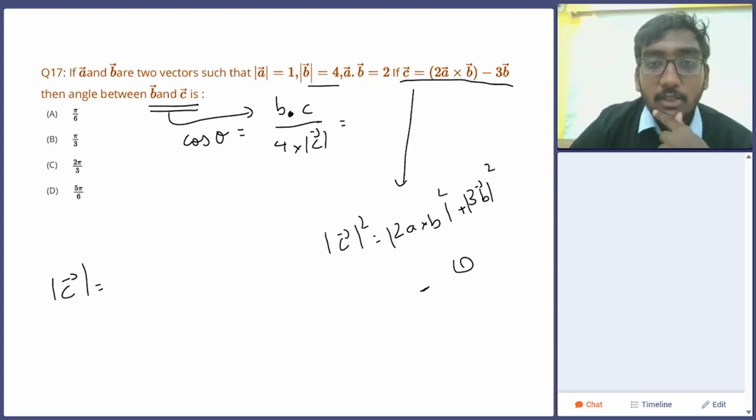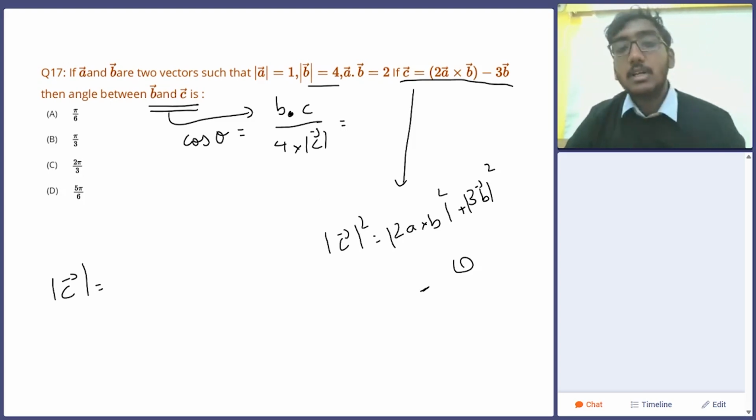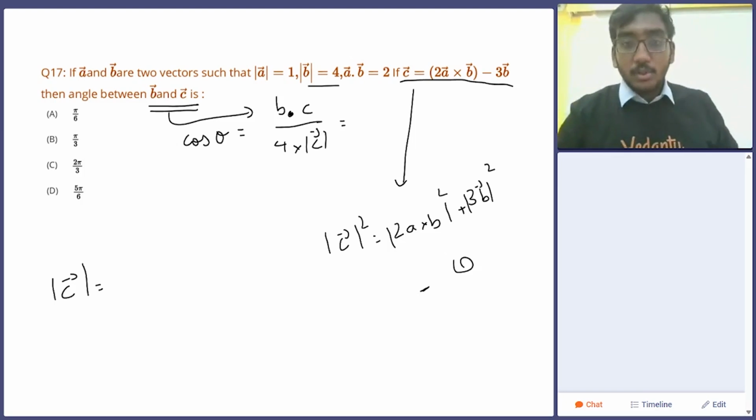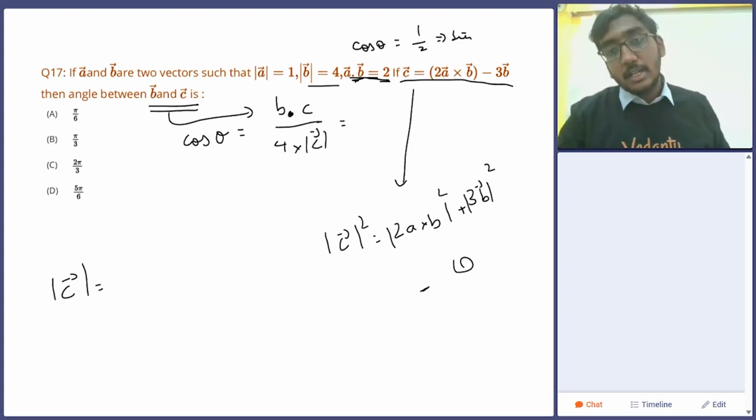what is the magnitude of A? It is 2, no, 2. This 2A cross B is the same as 2 into 1 into 4, that is mod B into sin theta. What is sin theta? The angle between A and B you should know, right? Cos theta will be A dot B by mod B, that will be half. That means sin theta will be root 3 by 2, okay?